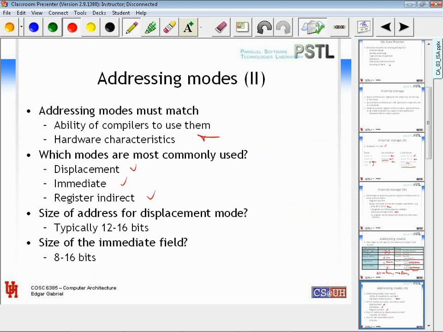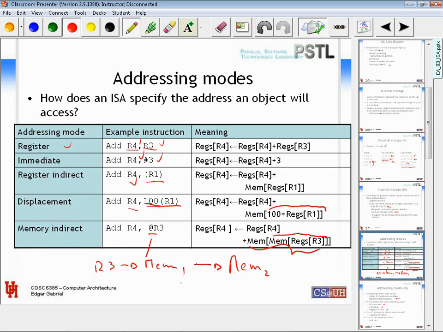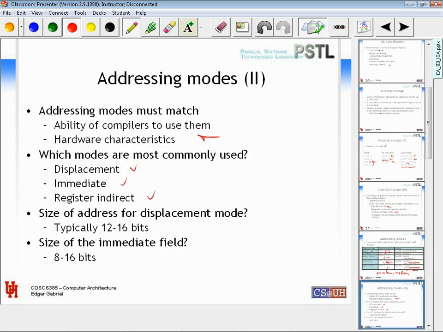For the displacement mode, one of the questions is how many bits you really need to specify the displacement. It depends a little bit on what you want to achieve, but typically you use 12 to 16 bits. This means that, because a bit can only contain zeros and ones, the real offset or displacement that you can specify is 2 to the power of 12 or 2 to the power of 16 from a given memory address.